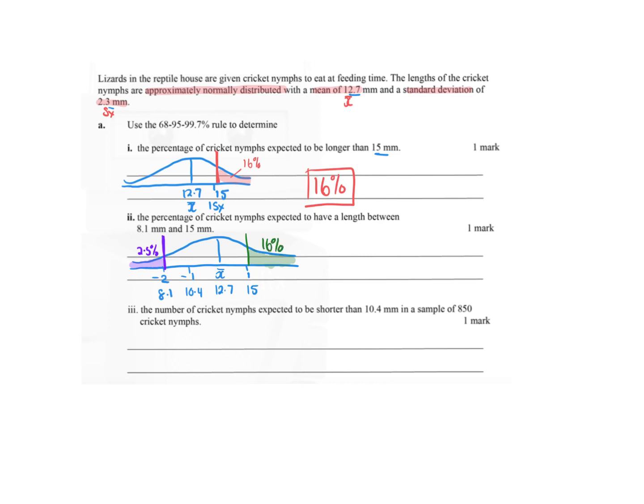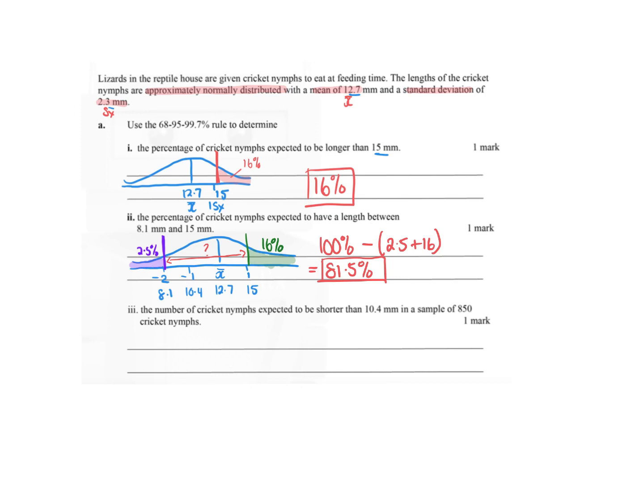So what the question is asking is how much percent lies between there and there. There are a couple of ways. We could just simply take all of it and minus those two little pockets, the 2.5 plus the 16, and then we'll end up with 81.5%. That's probably the quickest way, so we'll stick with that.